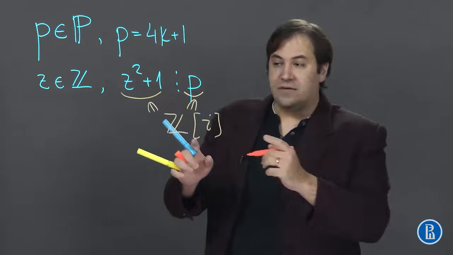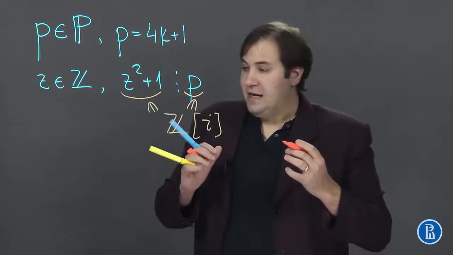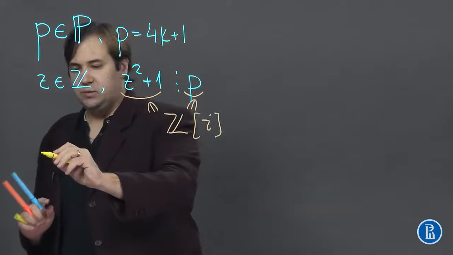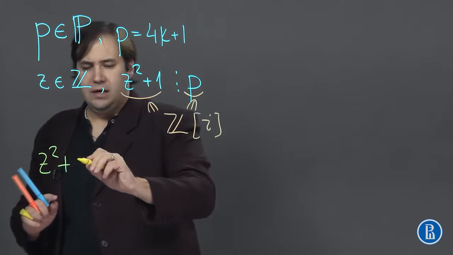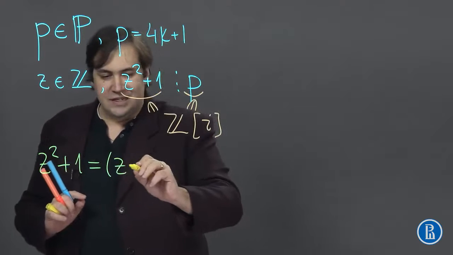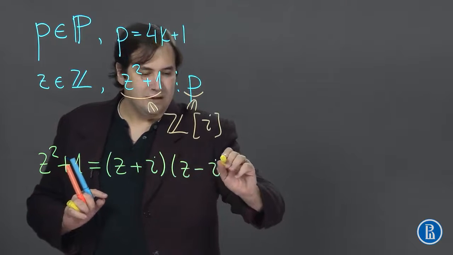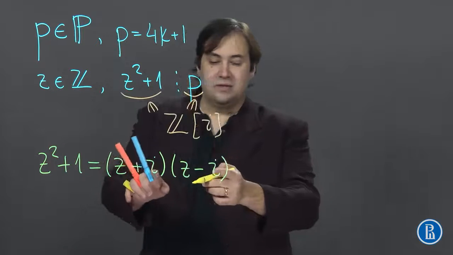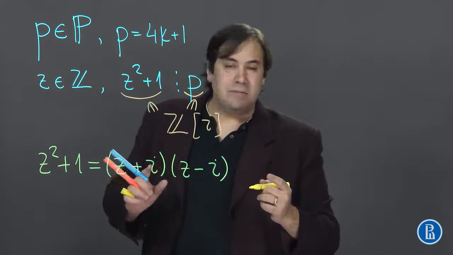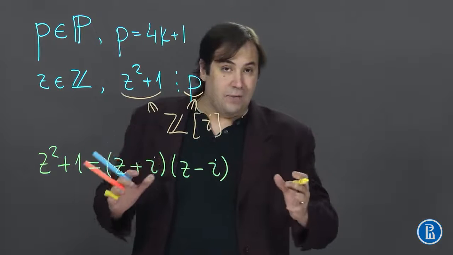And we know that the ring of complex integers is a unique factorization domain. So let's decompose z squared plus 1 into a product of two complex integers, z plus i multiplied by z minus i, where i is, of course, an imaginary unit, and then decompose each of these expressions into prime factors.